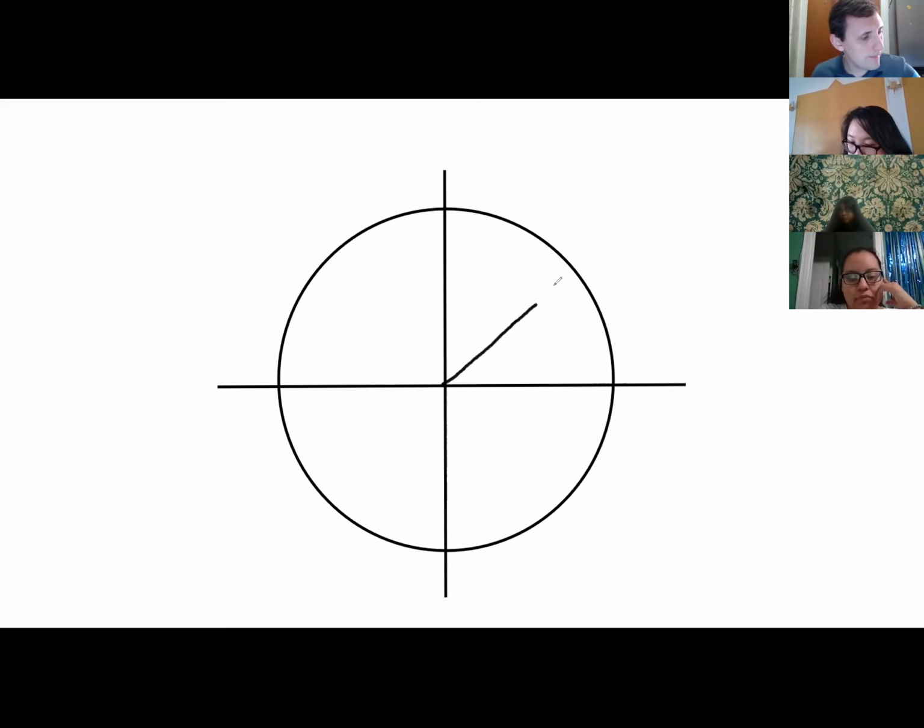Here is the angle. This is h. This is sine, and this is cosine. Now, you see, guys, that this whole thing is 1. Agreed? This whole thing is 1.